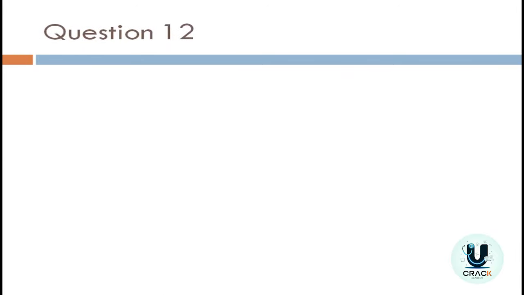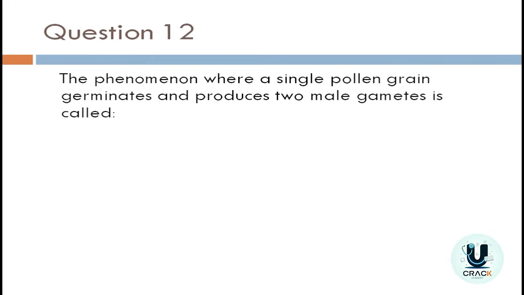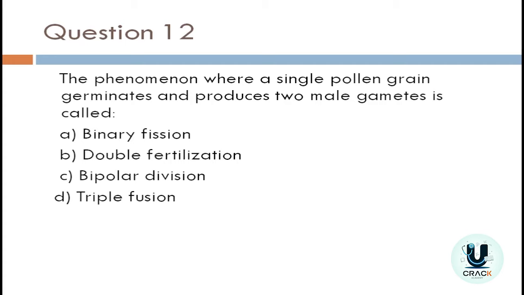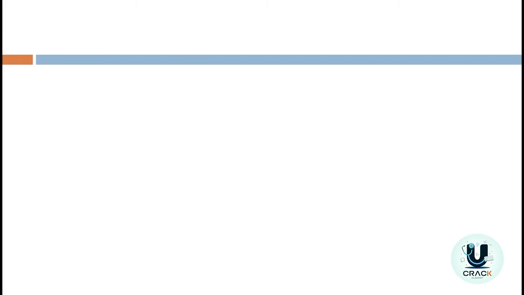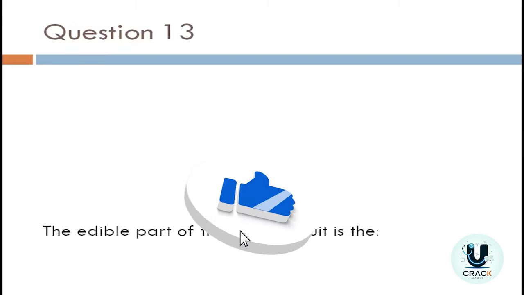Question number 12. The phenomenon where a single pollen grain germinates and produces two male gametes is called: binary fission, double fertilization, bipolar division, triple fusion. Answer: double fertilization.